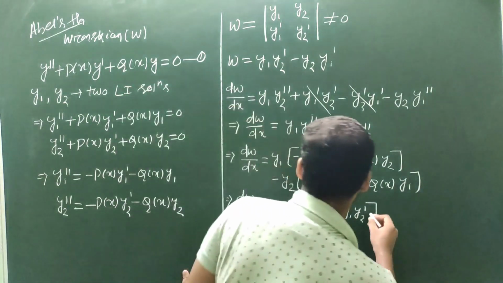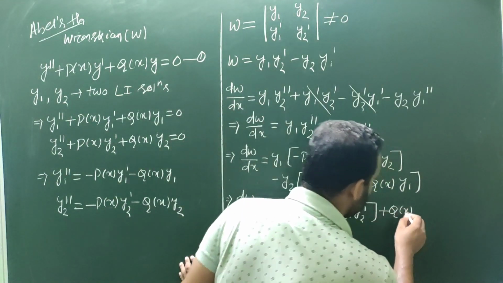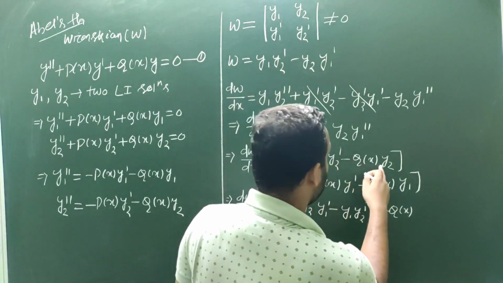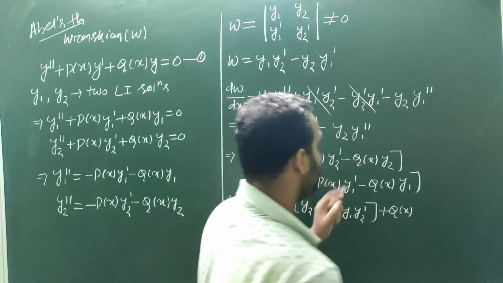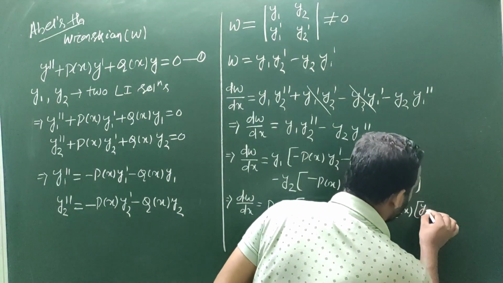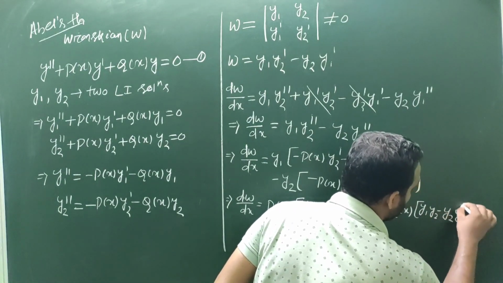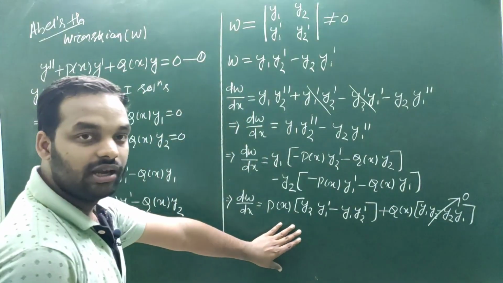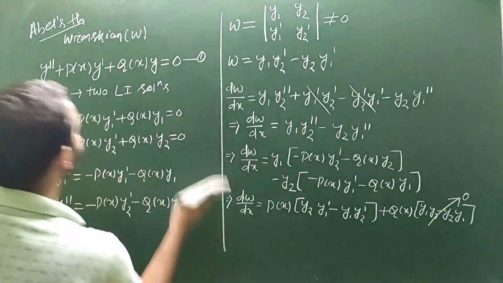By taking q of x common, here it will be y2 into y1, and here also y2 y1, but here you will get positive and here negative. So y1 y2 minus y2 y1 gives 0, and only one term is there, this one. Right? Let me remove this part.